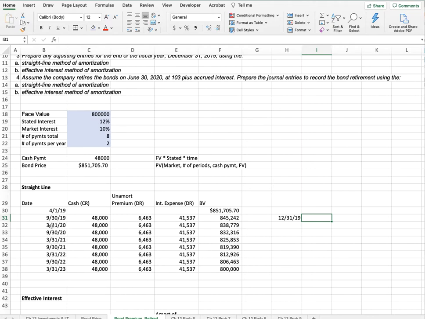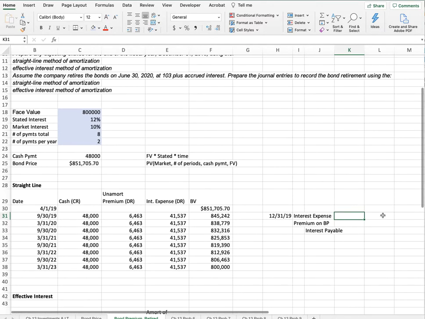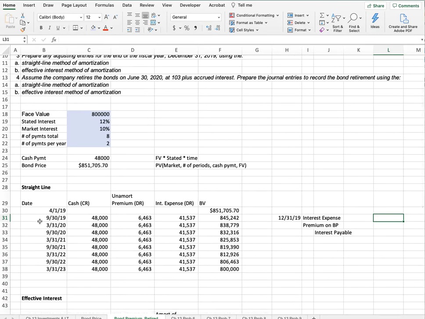So we have our interest expense, our premium on the bond payable, and our interest payable. They've made it simple for us because doing September 30th makes it exactly half of these numbers that we've already calculated.